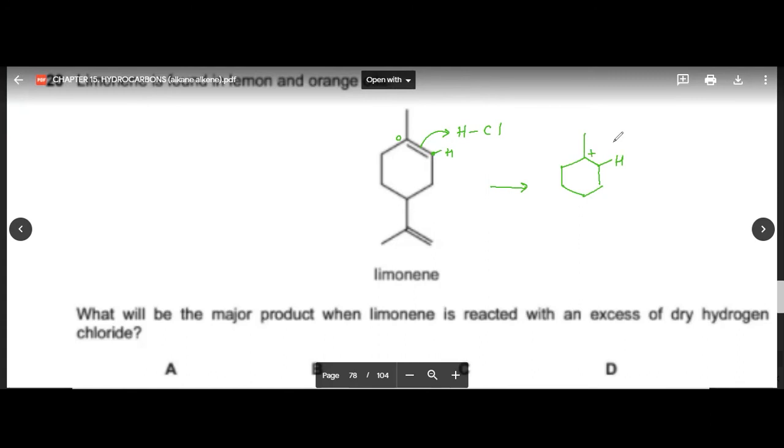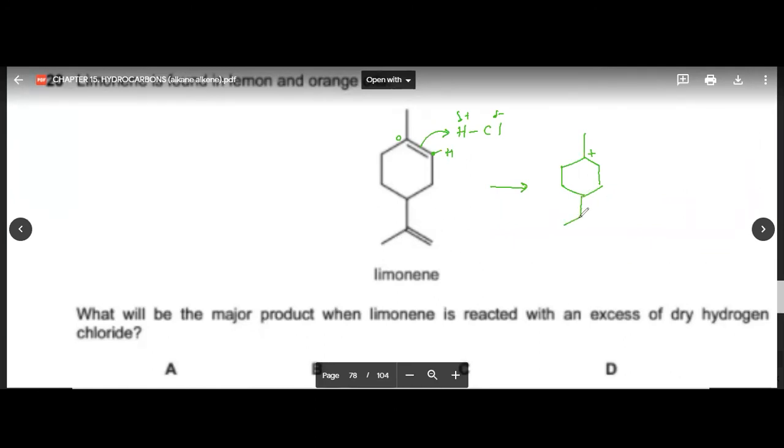Before, we had 1 H; after the H from HCl is added, there will be 2 H right here. But no need to show the hydrogen. Just like this.